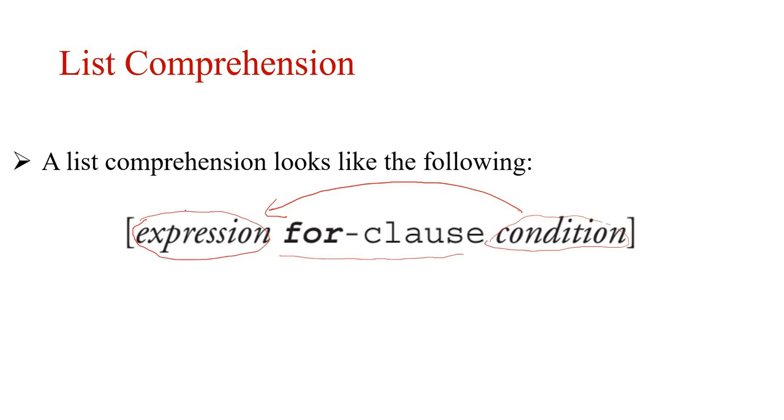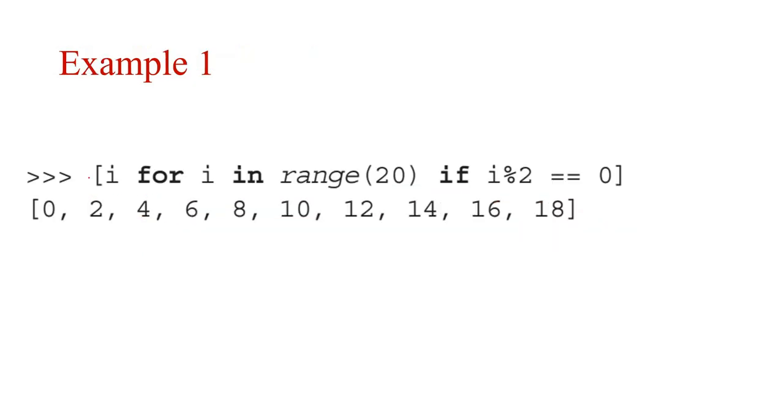So let's look at some examples. This is again your expression over here, this is your for statement, and this is your condition. So now this is I. You want I to be part of your list, and I is going to run over this range using the for loop. So it's going to go from 0 to 19, and then there's this condition. As you remember, this is the modulus.